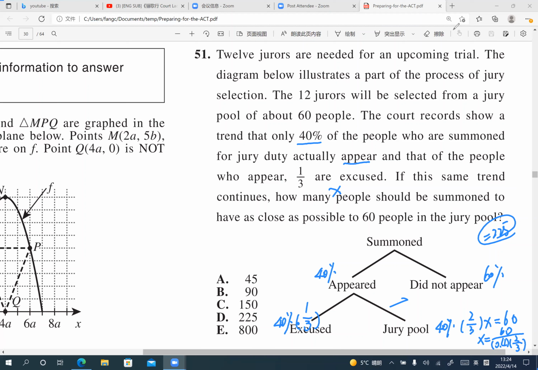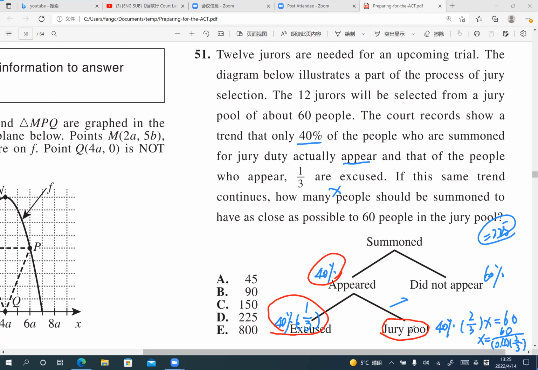in the jury pool? From the given information, we can tell of the people who are summoned, only 40% will appear. And of the 40% who will appear, 1/3 will be excused. So 40% times 1/3 will be excused. And so 40% times 2/3 will go into the jury pool.